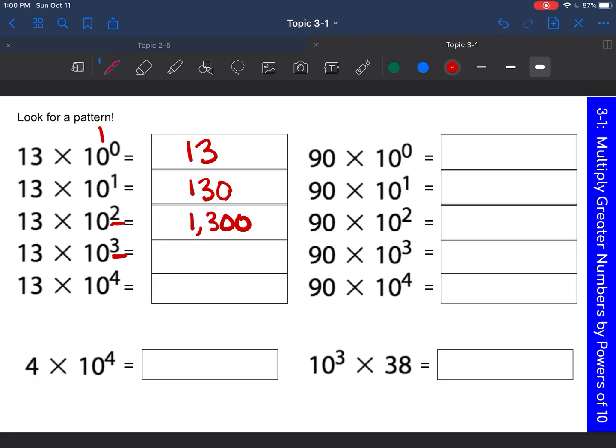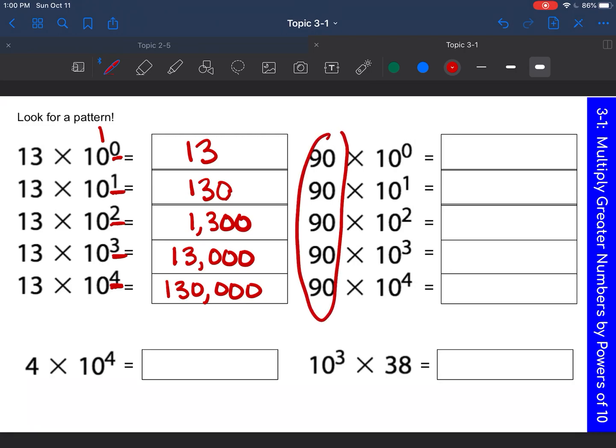The pattern keeps going because these exponents keep giving us another power of 10. So it becomes 13,000 and then 130,000.